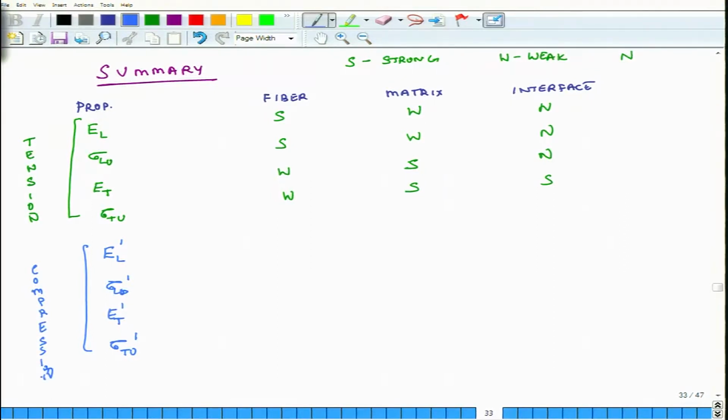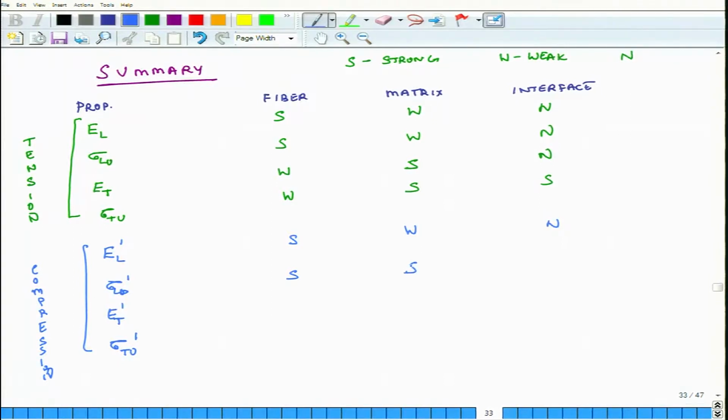So, once again in compression, strong role of fiber, weak role of matrix, negligible role of interface. Longitudinal strength in compression, strong role of fiber and also strong role of matrix.